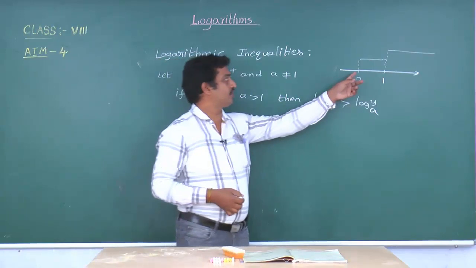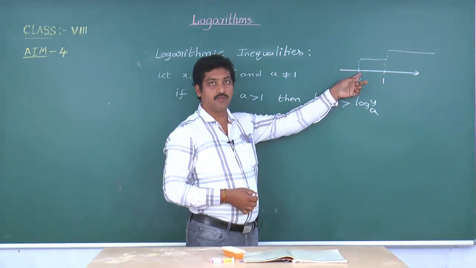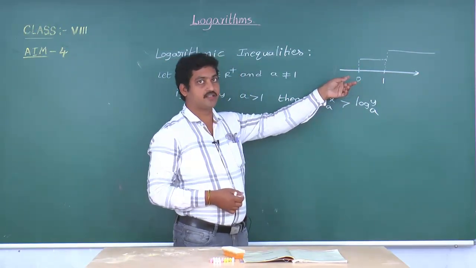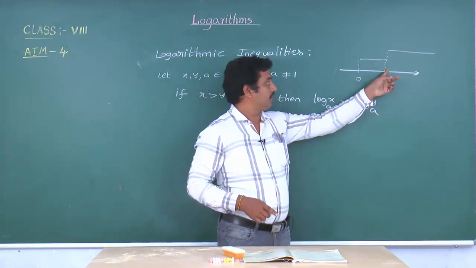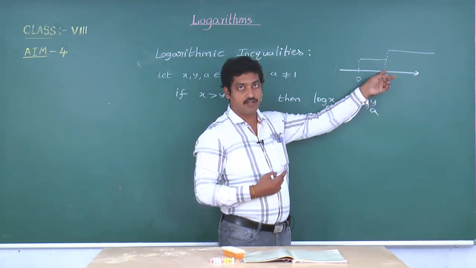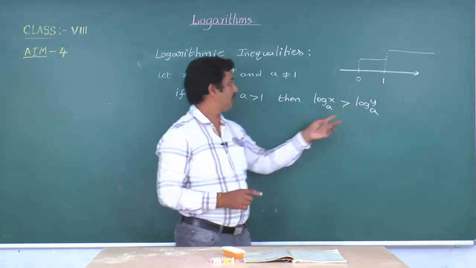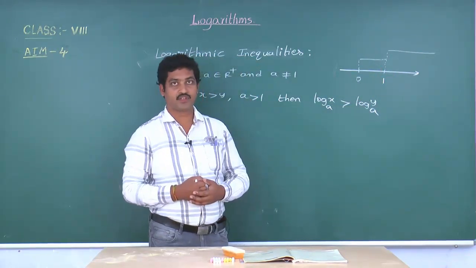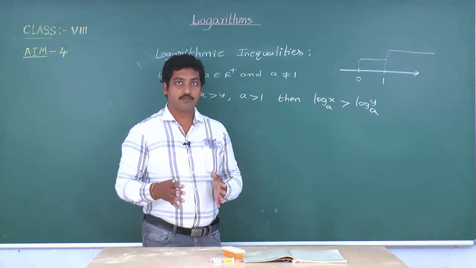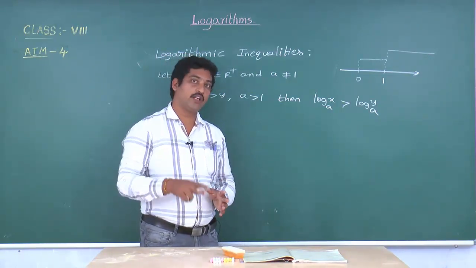It doesn't take 0. Dotted line means it doesn't take 0. That base doesn't take 0. Here also, at 1 there is a dotted line. That means it doesn't take 1 also. Base should not be 1. That's why a not equal to 1. Therefore, we can divide the base interval into 2 intervals.